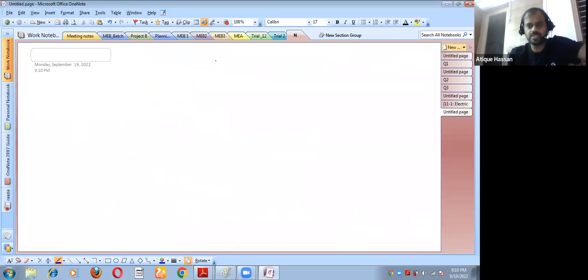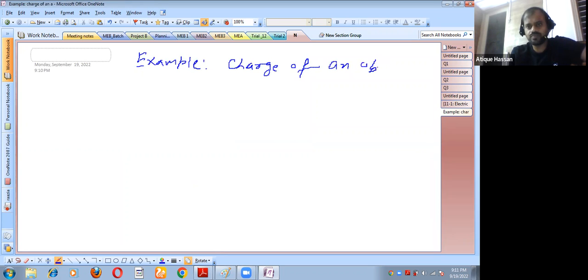So now, based on that, suppose I am giving you an example. Suppose the charge of an object is given as 8 into 10 to the power minus 15 Coulomb.